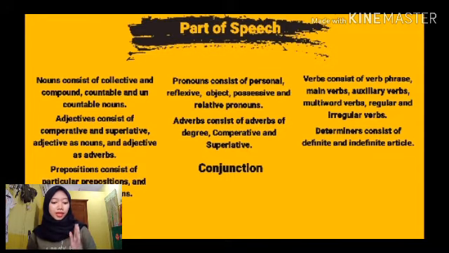Then adjective as nouns. An adjective can be a noun. For example, when we use the blind, the poor, the rich, that's adjective as nouns. Then an adjective can be an adverb. Take a look at the example.